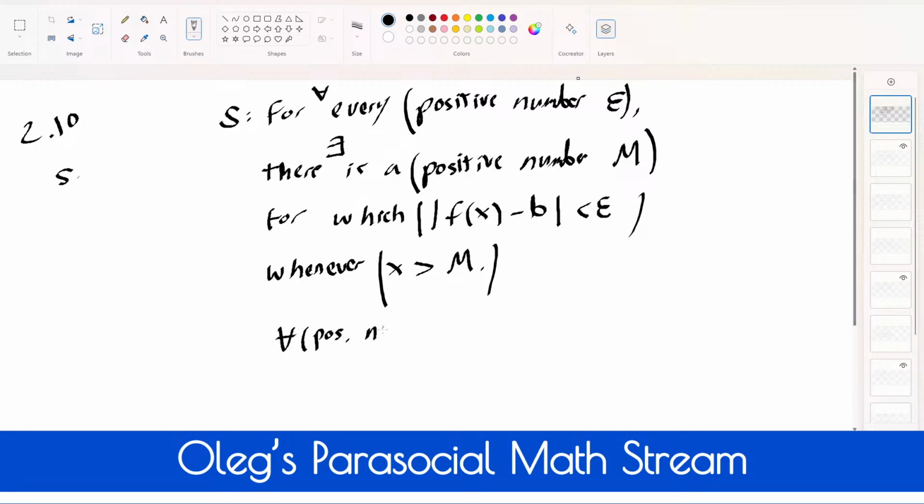For all positive epsilon, comma, exists positive m, comma, and then we're going to say the absolute value of f of x minus b is less than epsilon whenever x is greater than m.